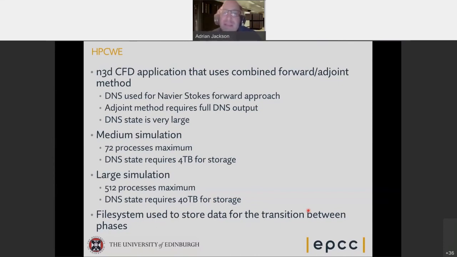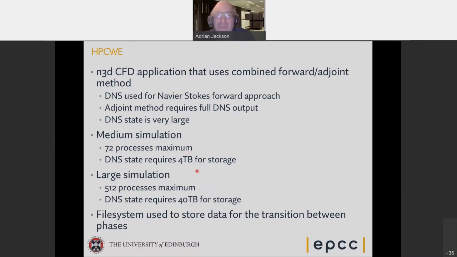This means that it requires very large amounts of storage for even a small simulation. If we look at our examples here, we're doing a medium simulation. You can scale up to, computationally, at most 72 processors. So on a system like we're running here, with a few tens of cores per node, you're using at most 2 or 3 nodes.